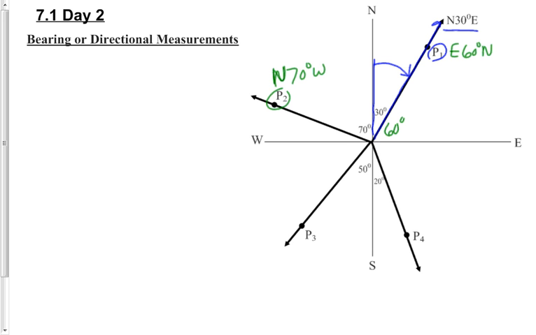Or, because 70 degrees is there, its complementary angle is 20 degrees. So the same direction would be going west, but then heading 20 degrees to the north. So we'd say west 20 degrees north, same bearing direction.